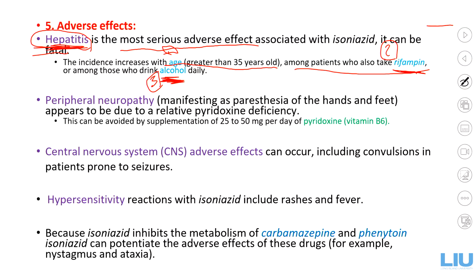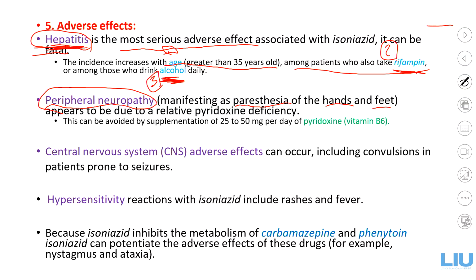The second side effect is something called peripheral neuropathy. What is peripheral neuropathy? It's numbness or paresthesia in the hands and the feet. Peripheral means in your feet and hands. Just like with diabetes, you might have this peripheral neuropathy, so you feel numbness or tingling. Why is that? Guess what?